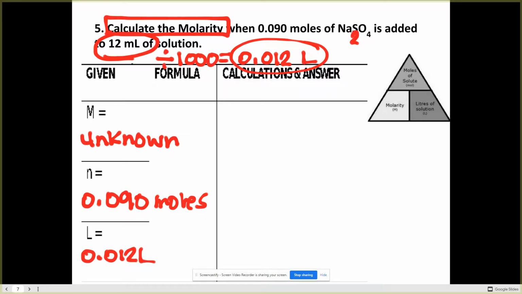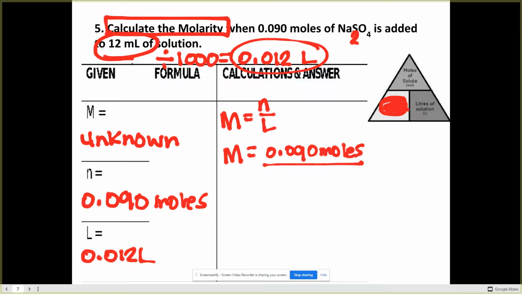And then you look again at our triangle. Again, guys, if you look at the triangle, it's the same thing as the previous problem: big M is equal to N over L. Big M is equal to 0.090 moles over 0.012 L. Big M is equal to 0.09 divided by 0.012, and this is now 7.5.